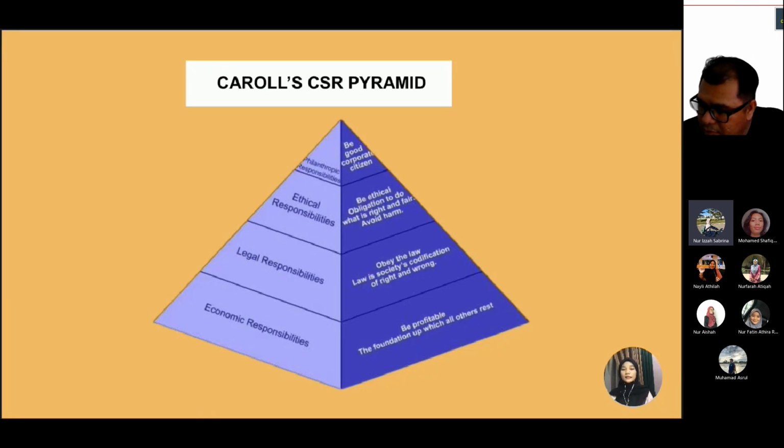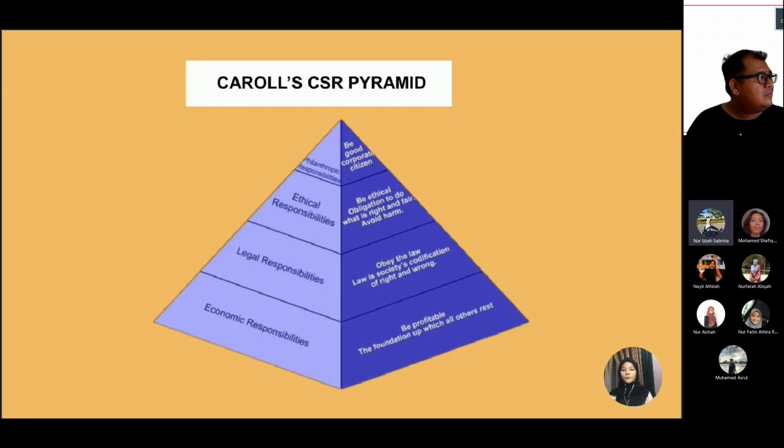For the second one is legal responsibility. The laws and regulations that all firms are expected to follow as they perform their daily functions. So, legal responsibility ni amat penting untuk satu organisation sebab macam mana satu company ni dia nak conduct in the marketplace.